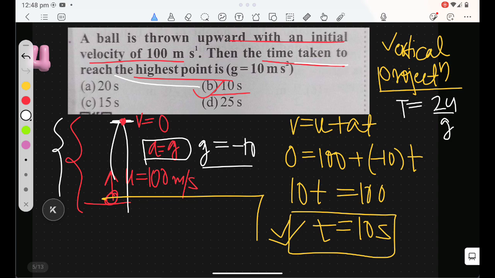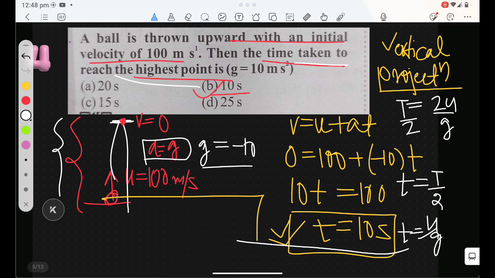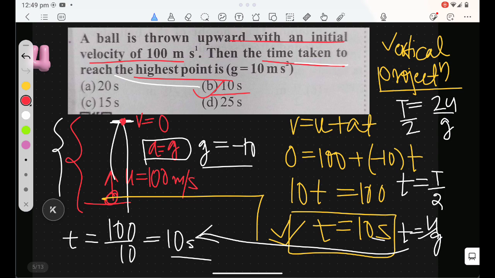What is the time taken to reach the highest point? It will be half of it, so t by 2 is equal to u by g. Using this formula also you can calculate. What is u? u is 100. What is g? g is 10. So you will get 10 seconds as the answer. From both cases, 10 is the answer.